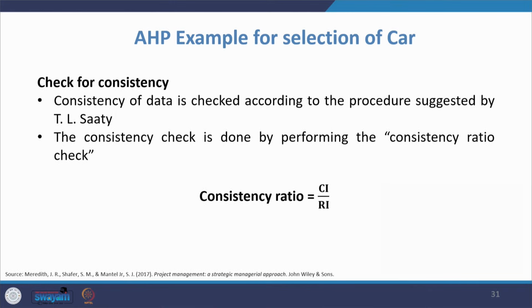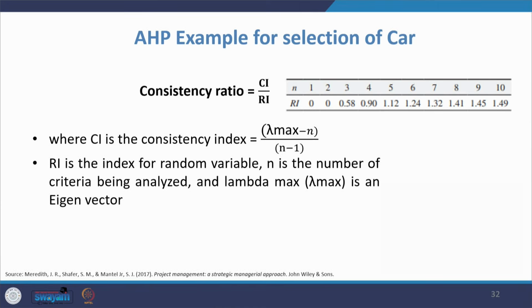Consistency of data is checked according to the procedure suggested by Saaty. The consistency check is done by performing a consistency ratio check. How to find out the consistency ratio? The consistency ratio is equal to the consistency index upon the random index.